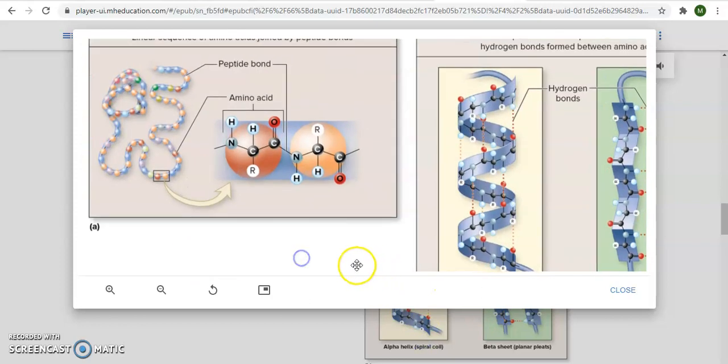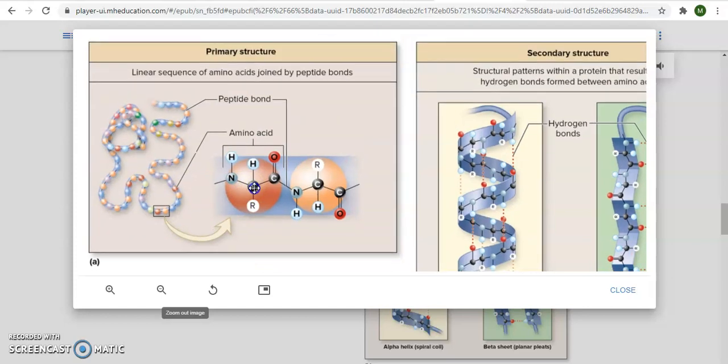The way the cell knows how to make a protein is based on the DNA in the nucleus. It has the little blueprint that shows which amino acids are going to be bonded to which other amino acids and in what sequence.